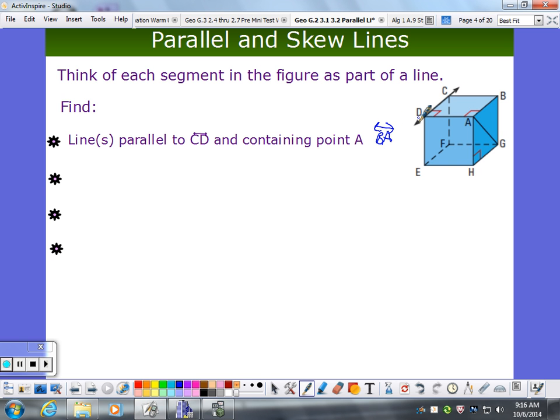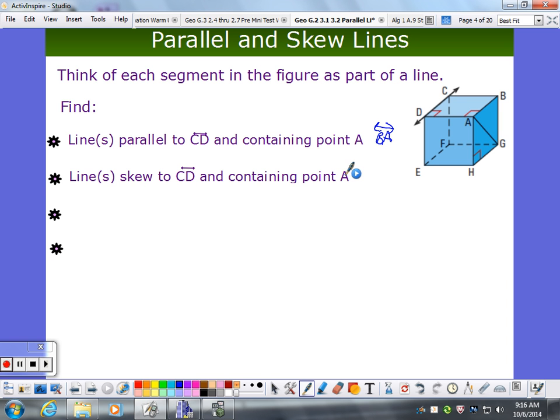Right, parallel. They're giving me a little right angle marker, so I know I've got a nice right angle through here. And now find any lines skew to CD and containing point A. Lines that are not parallel but will not intersect. Julie? AF? GF. Except I have to contain A, my little restriction here.